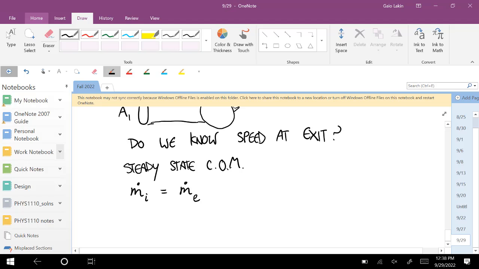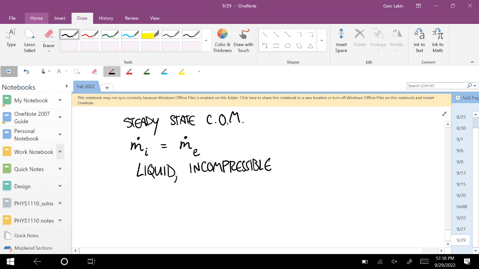And this is a liquid, incompressible, which means that the volumetric flow rate at the inlet has to be equal to the volumetric flow rate at the exit.